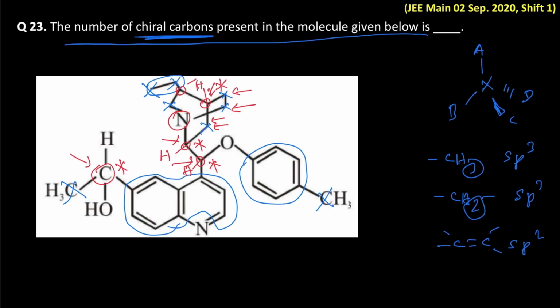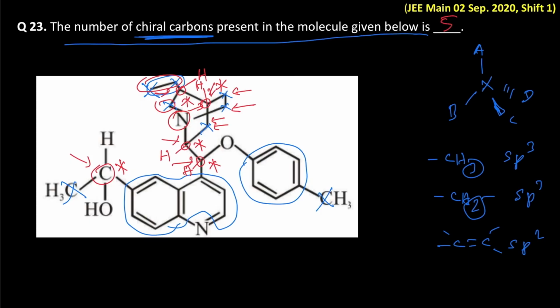Therefore, this carbon atom is indeed chiral. How about this one? We have a hidden hydrogen, and then we have an ethyl group here, and then CH2, and then here it is CH. So, therefore, this is also indeed chiral. This means the total number of chiral carbon atoms that we have is 5.